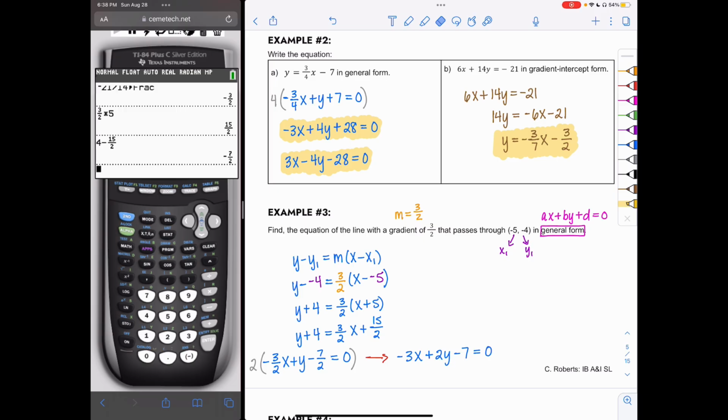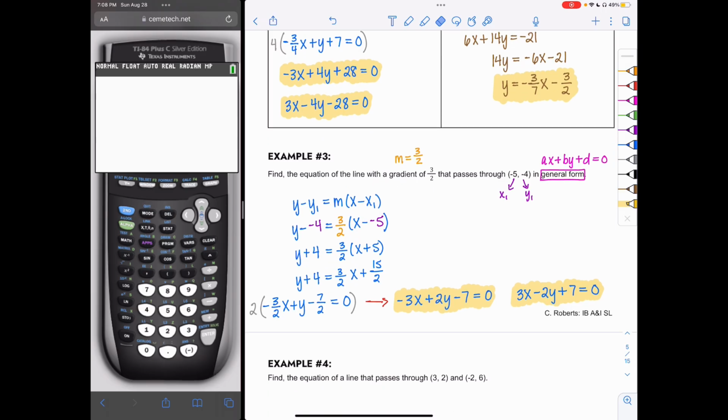And it's still going to be equal to 0 because 2 times 0 is 0. So this is my equation in general form here. If you had subtracted y and subtracted 4 on both sides, meaning that you got everything to the right, your equation would have been positive 3x minus 2y plus 7 is equal to 0. Either or is correct. Okay.